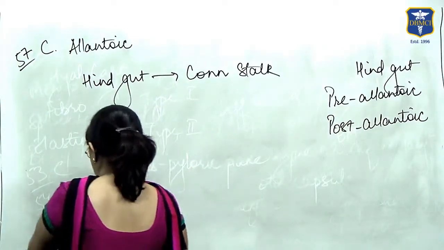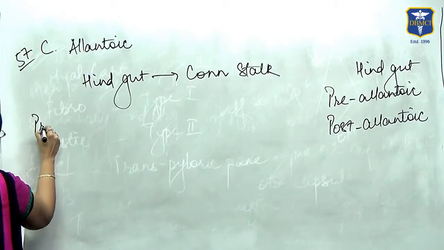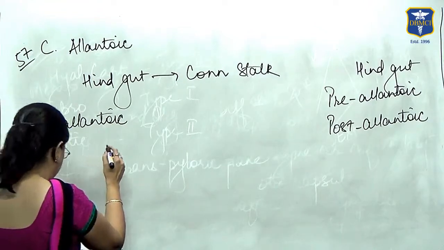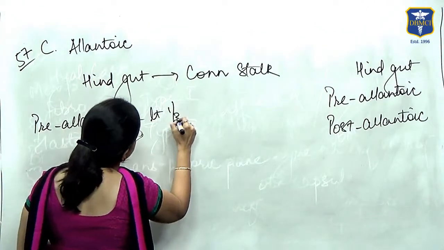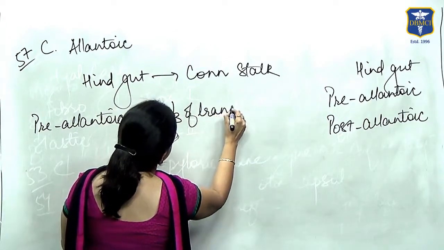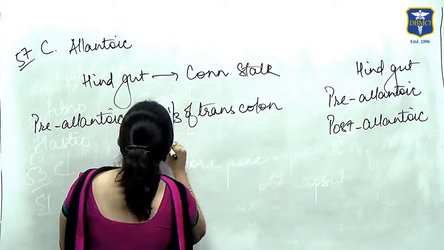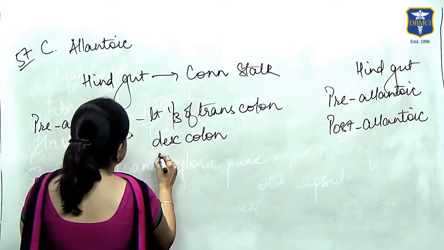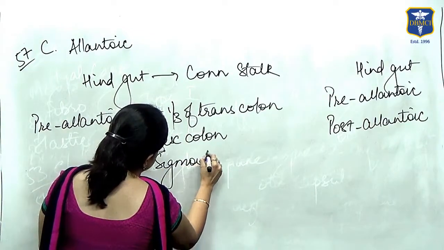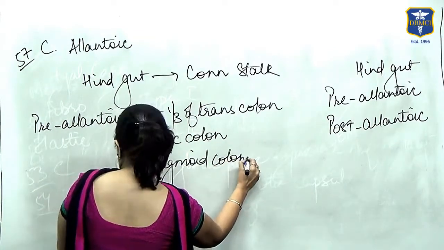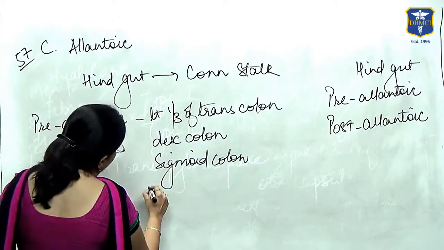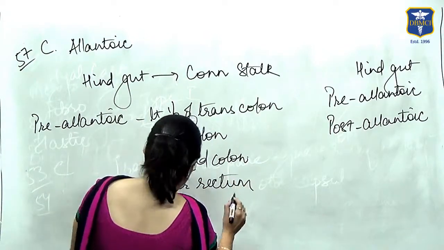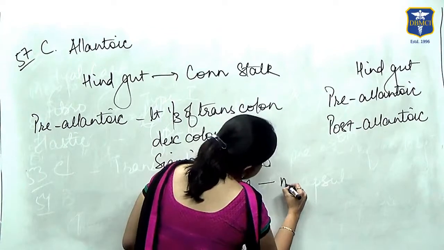The pre-allantoic part gives rise to the left 1/3 of the transverse colon, descending colon, sigmoid colon, and upper part of the rectum up to the middle transverse fold.